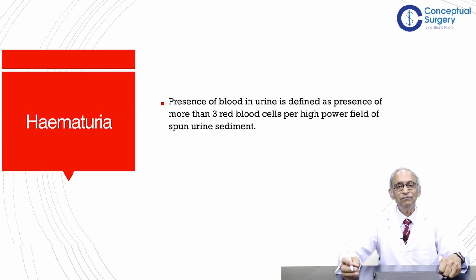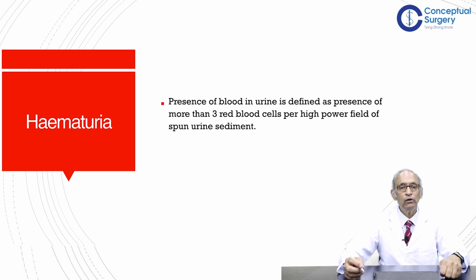Now, by definition, hematuria is the presence of blood in urine, defined as the presence of more than 3 red blood cells per high power field of a spun urine segment. Each word in this definition is very important. First of all, the blood that is present in the urine may be visible, in which case it could be either just a color or a gross hematuria.